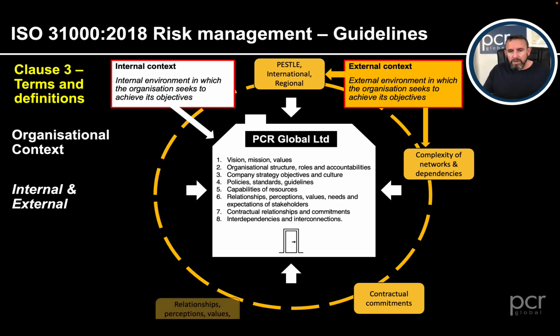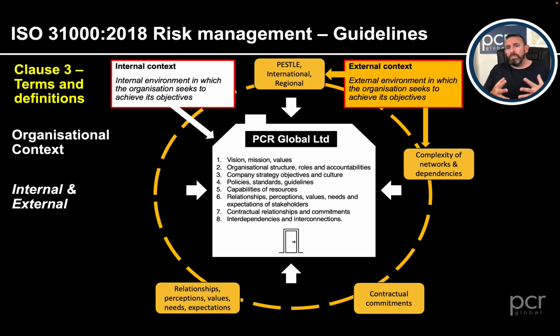What have we committed to, and what have people committed to us? Relationships, perceptions, values, then the needs and expectations of, again, anybody in the external environment. Needs and expectations, we could be looking at the law, the governance, external law, statutory requirements. They expect us to operate in a certain way.